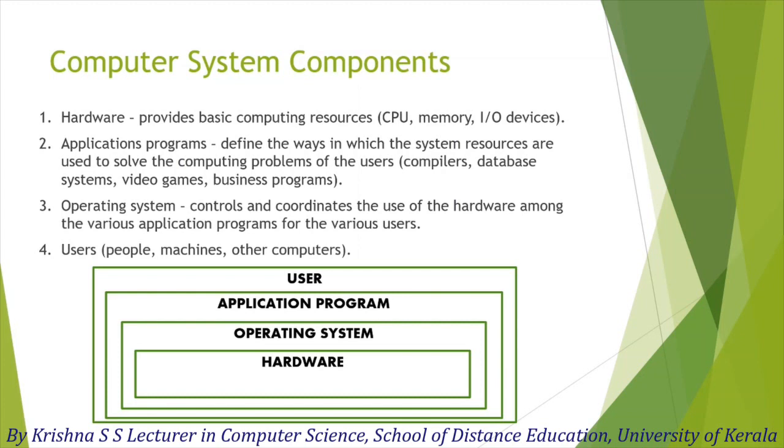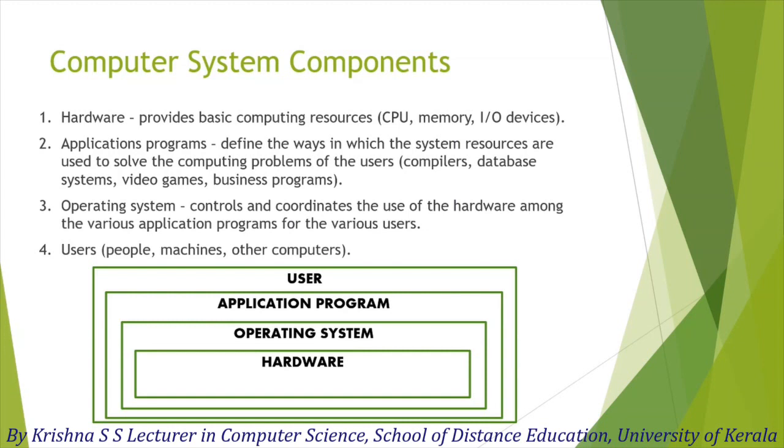For all these purposes, we are daily depending on the computer. So there will be a lot of application programs, and many users will be logging into the system for different types of services provided by the server.